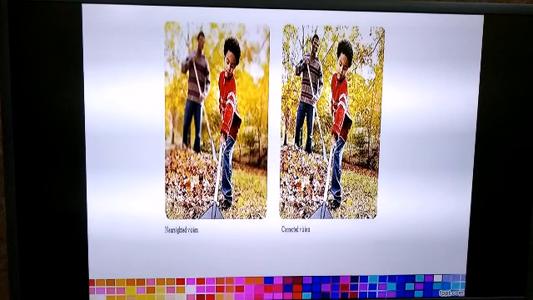See this image. The first image on the left hand side is a blurry image. That means somebody who is trying to look at the boy and the man in the image does not have a clear vision. But in the second image you can see that the vision is a corrected vision.